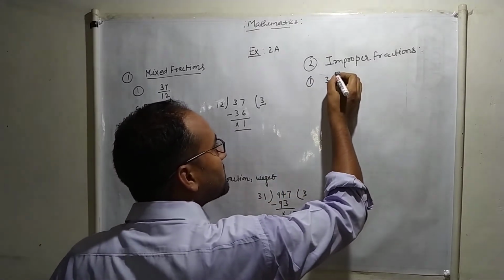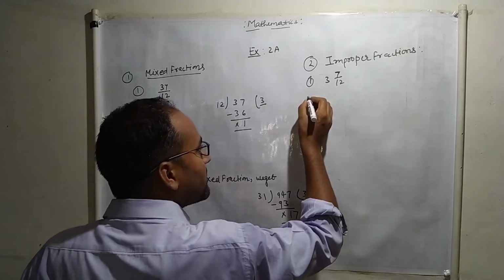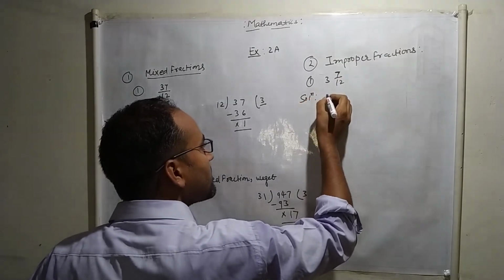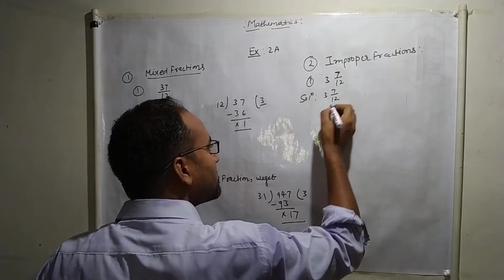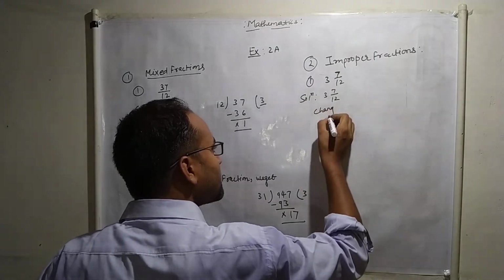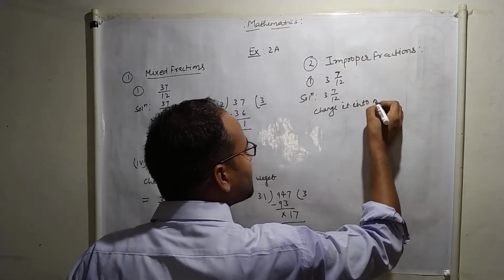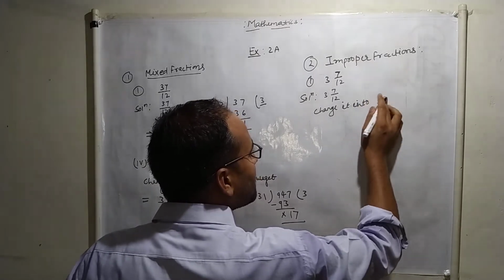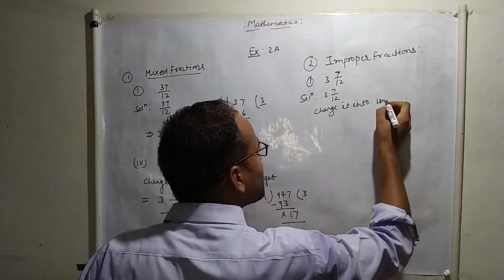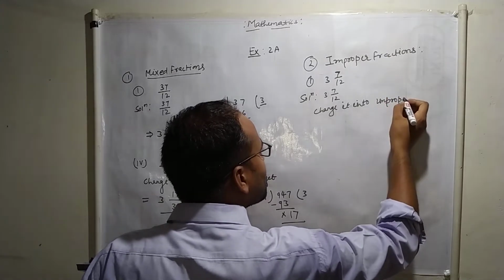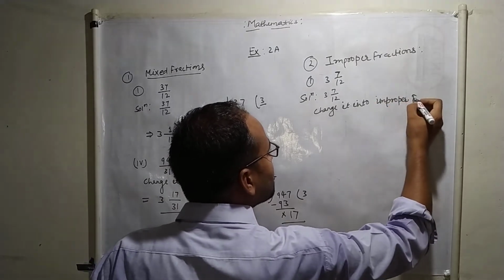This one is your question. 3 whole 7 upon 12. Sorry, change it into an improper fraction.